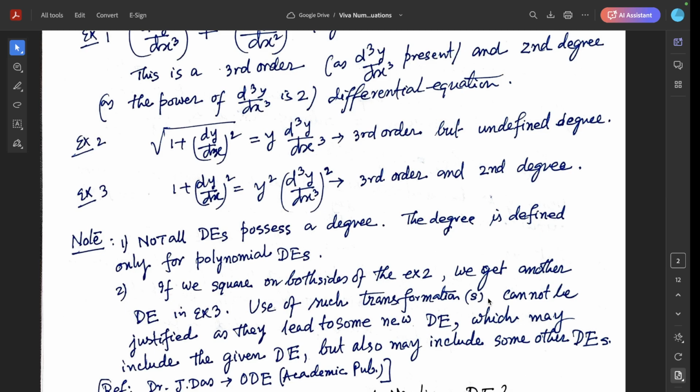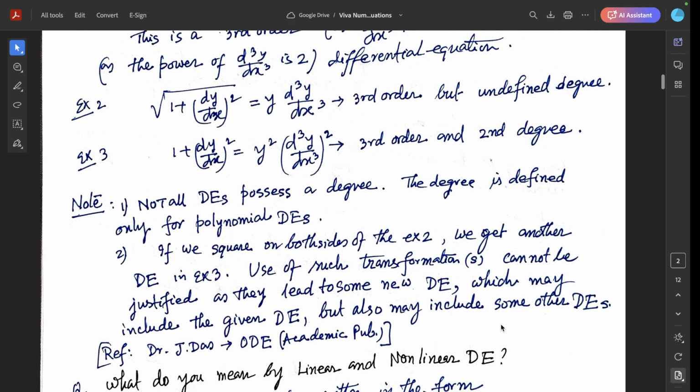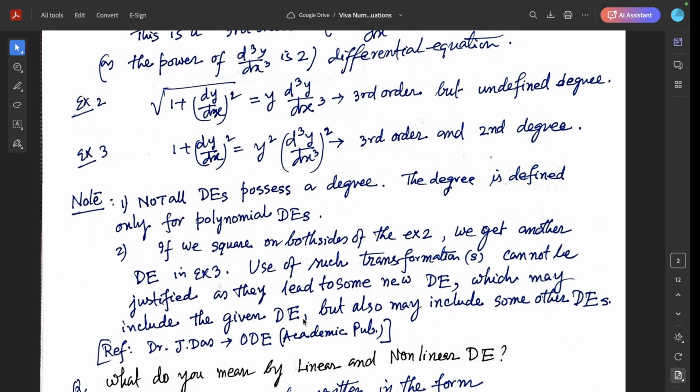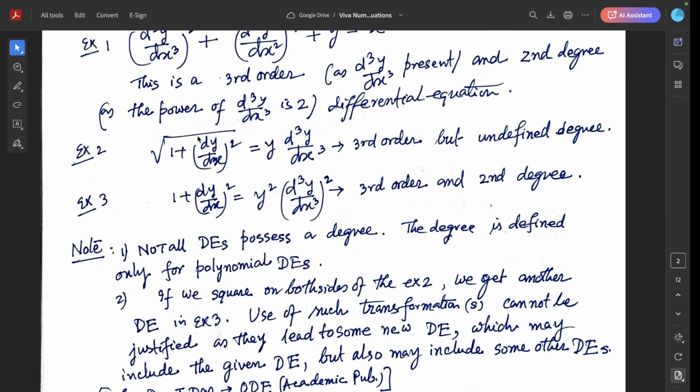Use of such transformations cannot be justified as they lead to a new differential equation, which may include the given differential equation, but also may include some other differential equations. Reference: Professor Dr. J. Das, Yuti Das, Ordinary Differential Equation, Academic Publishers. So be careful. This differential equation in example 2 is third order, but has undefined degree.